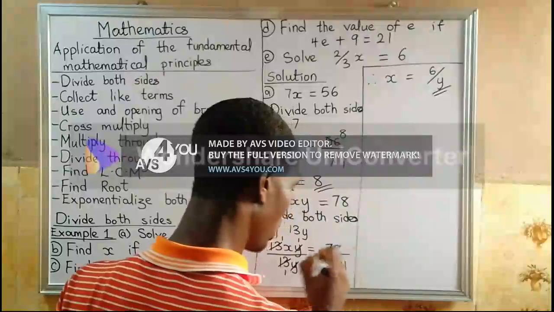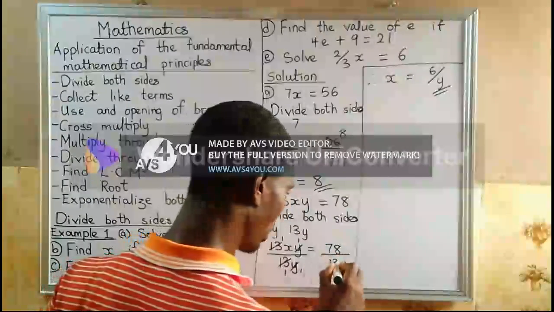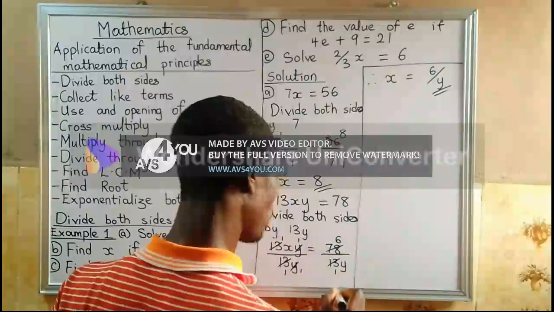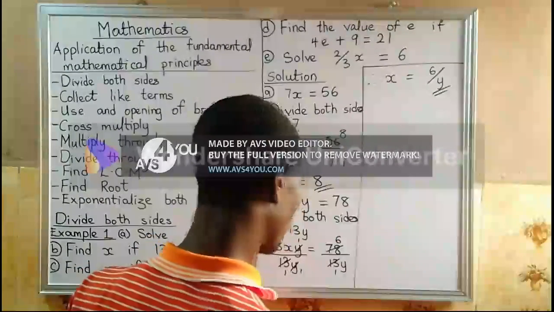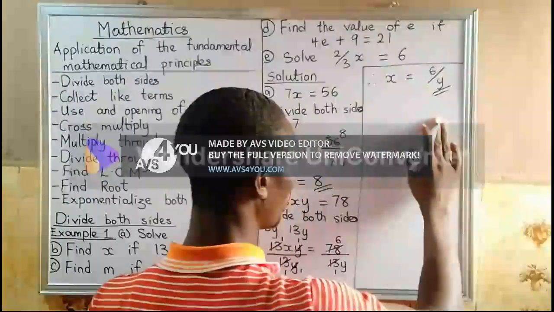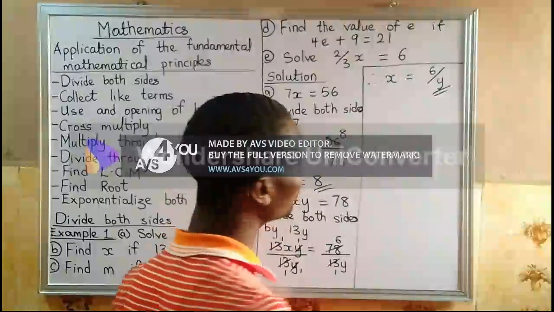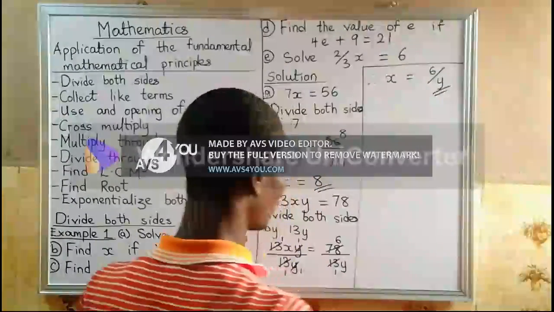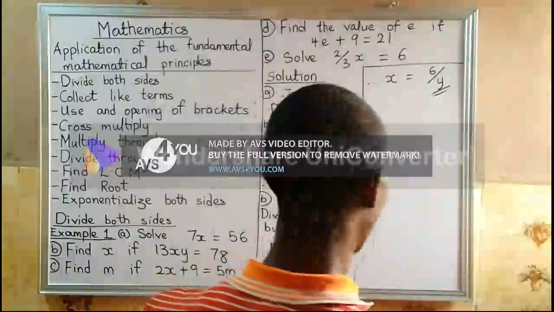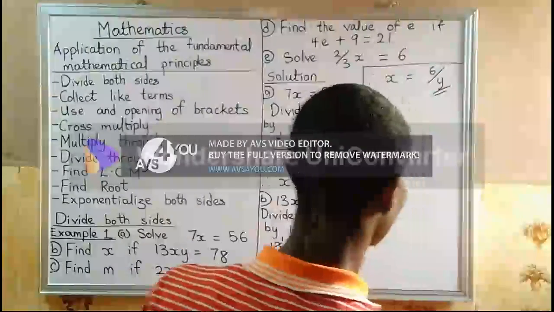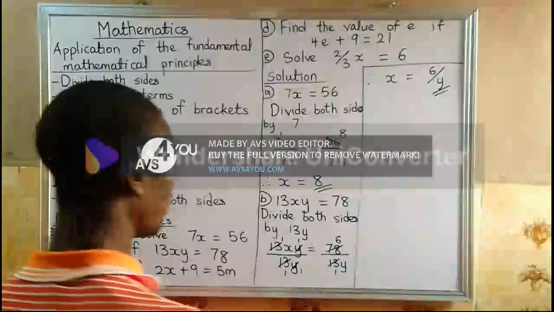Okay, so 13 can go in 78 6 times. 13 here 1, 13 here 6. Okay, there is nothing else to cancel. So our answer, therefore, x equals 6y, 6 over y. So therefore, x equals 6 over y.